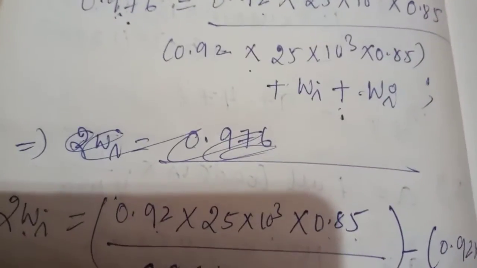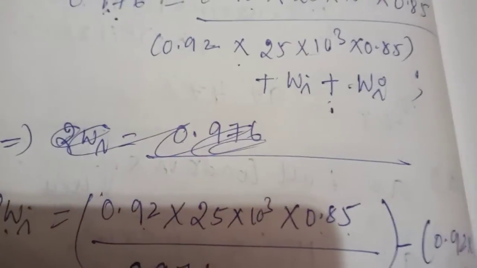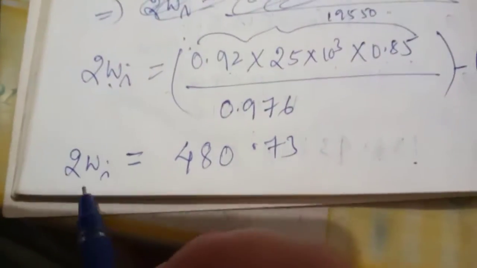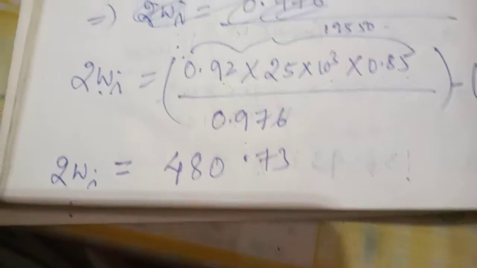So 2 Wi will come around 480.73. So what is Wi now? Wi is equal to 480.73 divided by 2.